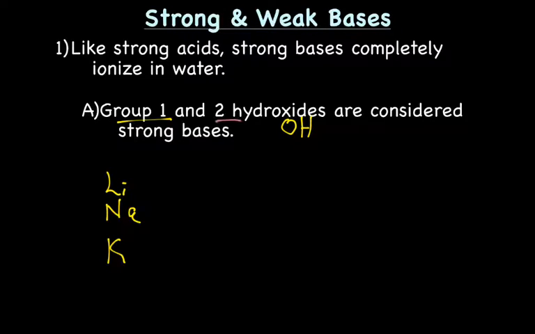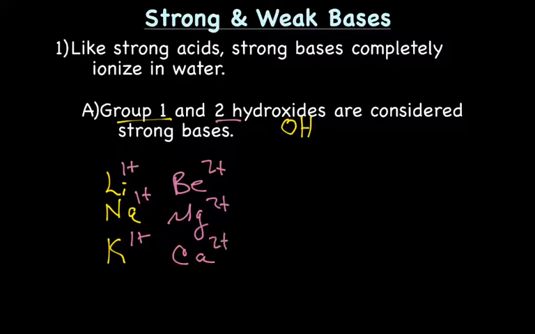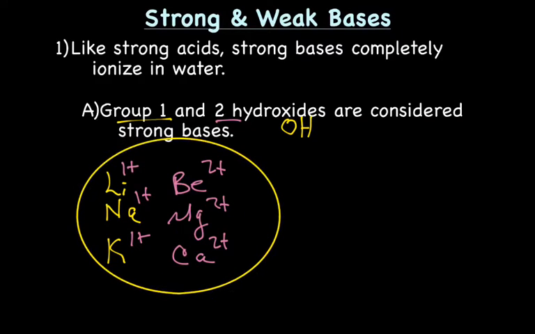Group 2 would be like beryllium, magnesium, calcium. So I guess we should have our pluses here, right? Any of these connected to an OH is considered a strong base. Lithium hydroxide, sodium hydroxide, potassium hydroxide, whatever.